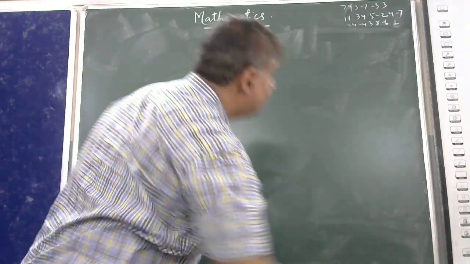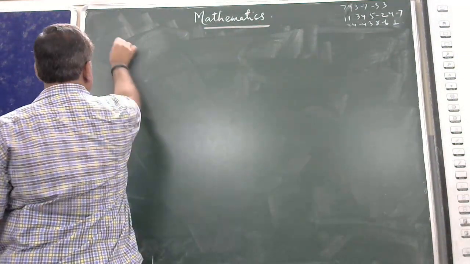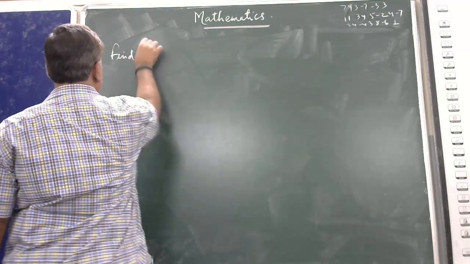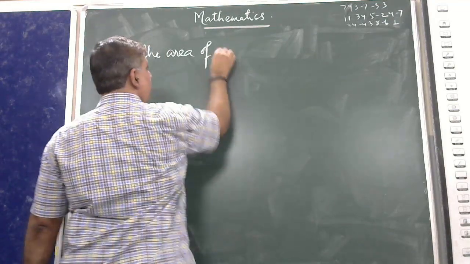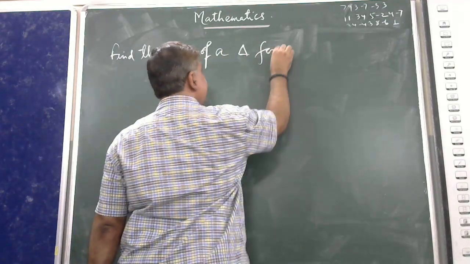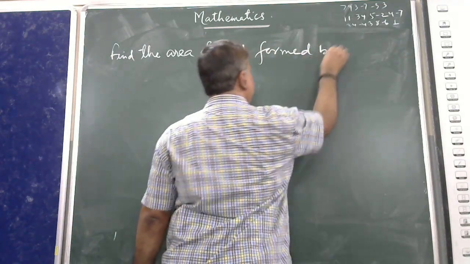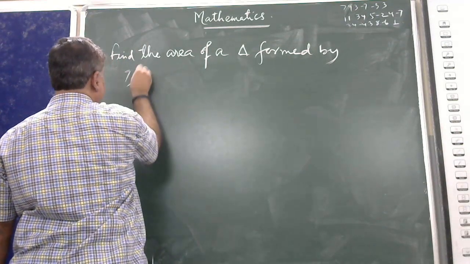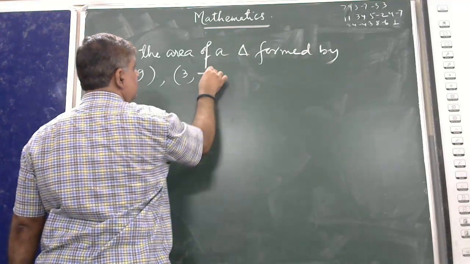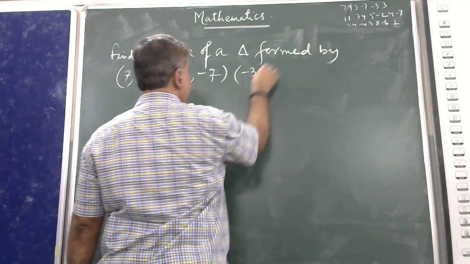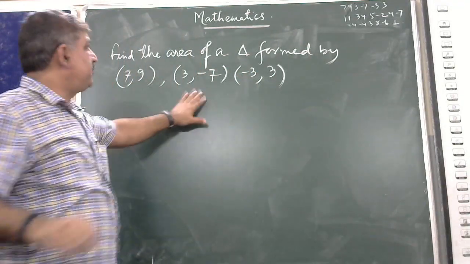Suppose it is asked to find the area of the triangle formed by 7, 9, 3, minus 7, minus 3, 3. These are the 3 points.